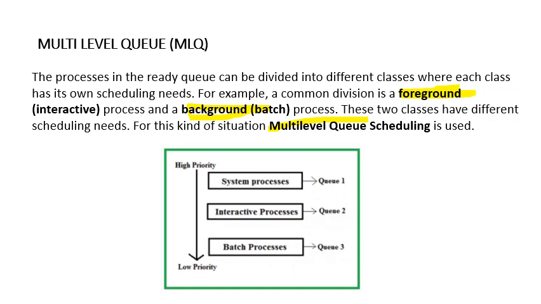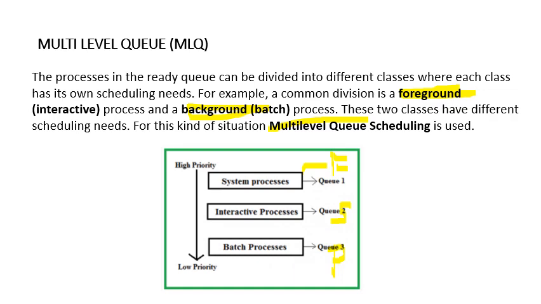This all happens within one computer. The system process has the highest priority, then interactive processes, then batch processes, and so on. Suppose the system process queue uses the FCFS algorithm, the interactive process queue uses SJF, and another uses round robin or priority.